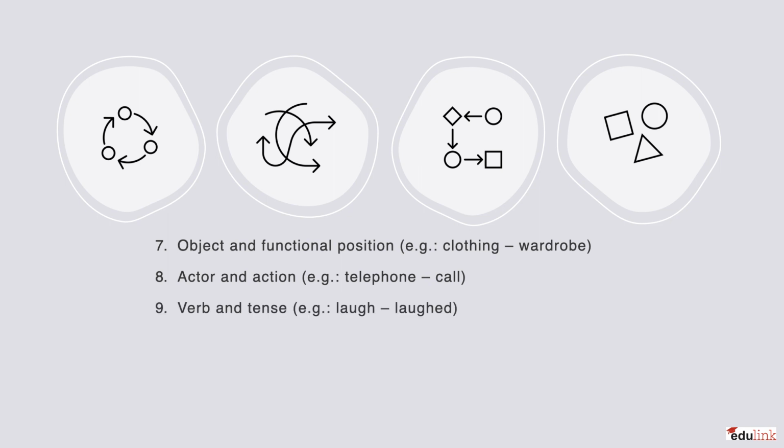Number 9, verb and tense. For example, laugh, which is in the present tense, versus laughed, which is in the past tense. The key distinction here is a mark in time. Number 10, cause and effect. For example, work and tired, where working might be a cause for the effect of feeling tired.